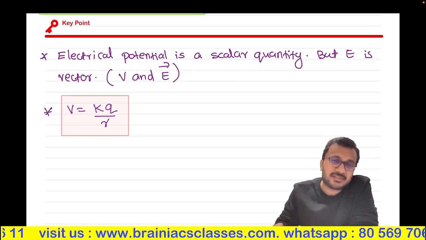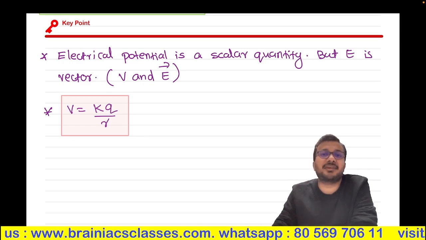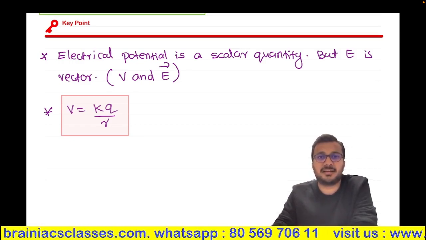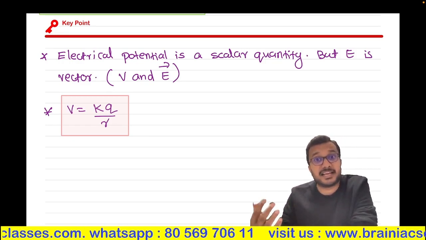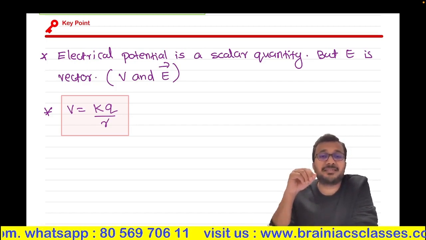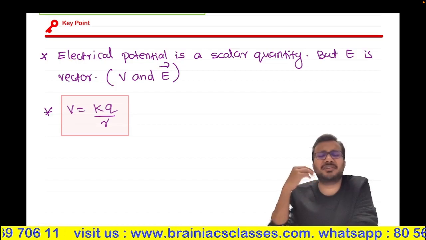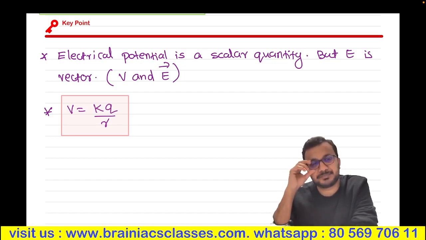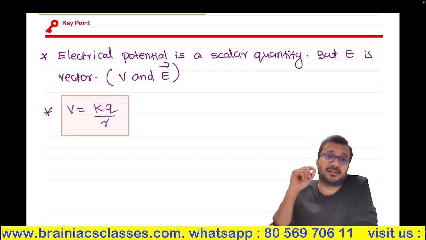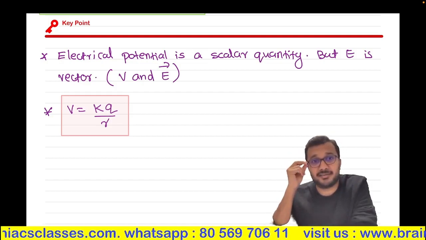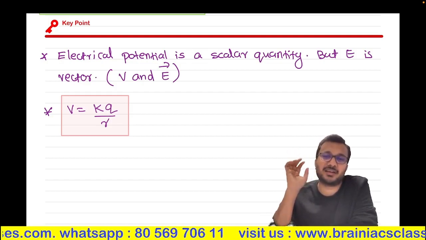We have previously solved problems for electric field intensity where we took E cos 45, E sin 45. We split the vector electric field into cos and sin. This is always a headache for students. But potential is a very friendly guy for students because it is a scalar quantity.